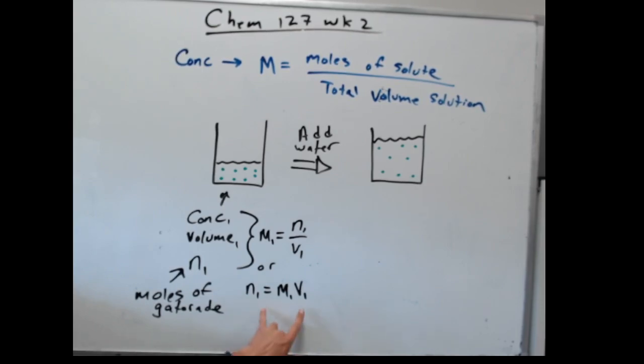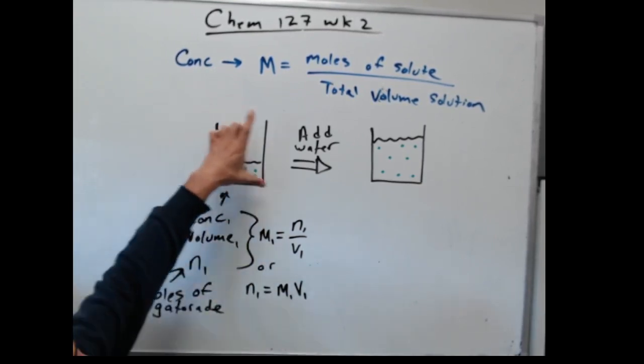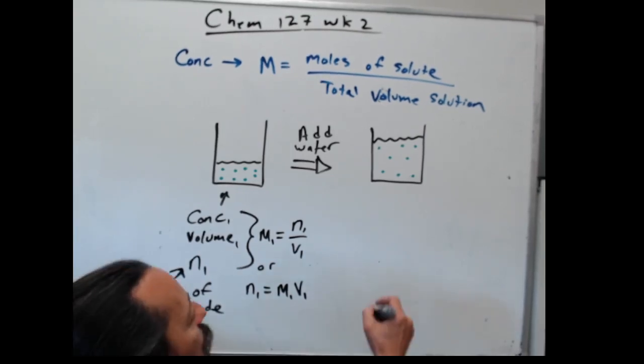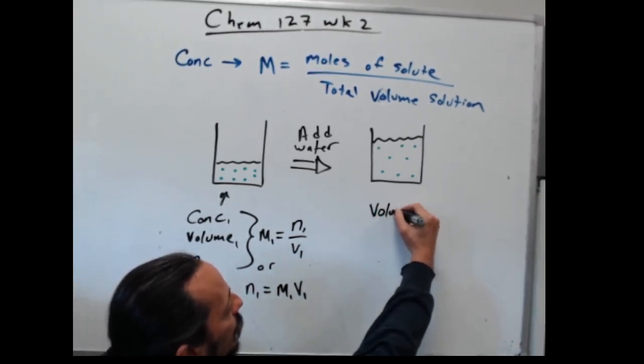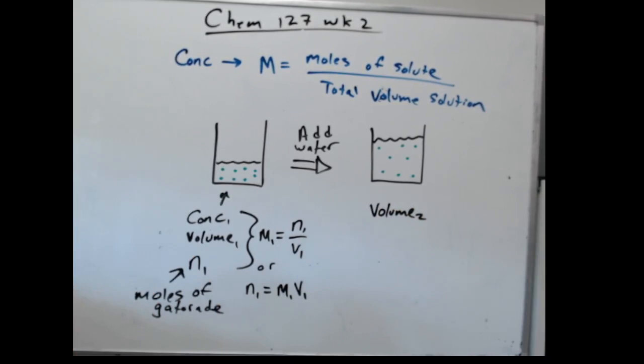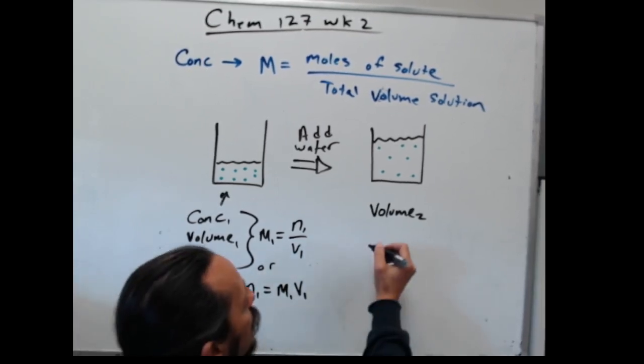Now, out of these three things, here's the important question: which ones do change and which ones don't change? Let's do the obvious one first. Does volume change? Yes. We added water, so volume definitely changes. We're going to have a new volume here. Does concentration change? Yes, concentration changes.